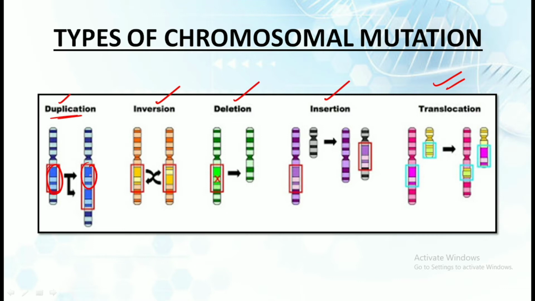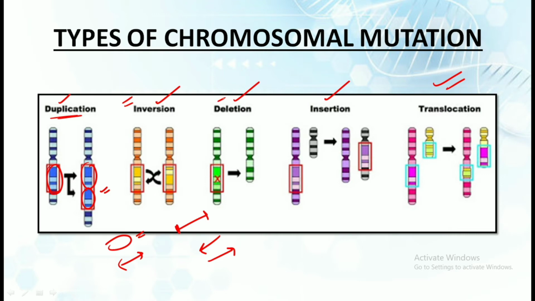The next one is inversion. When inversion occurs, the stretch of sequence between two particular points gets inverted in one way or the other. It leads to the formation of inversions.